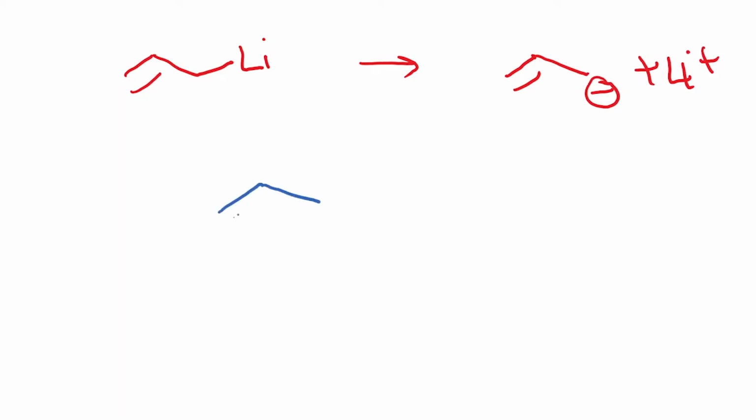If I start with propene, we would get signals such as this, where this is 19.5 ppm, this is 134 ppm, and this is 116 ppm. So this is what you would get if you just record propene's NMR spectrum.